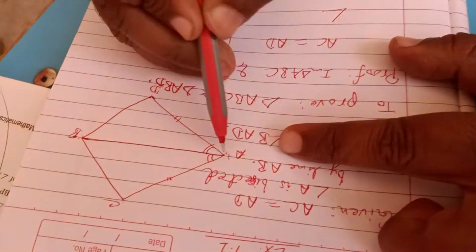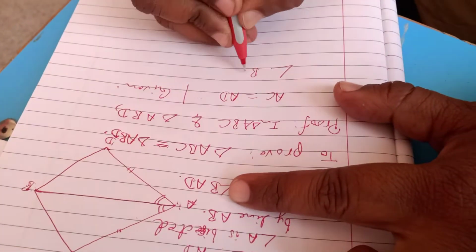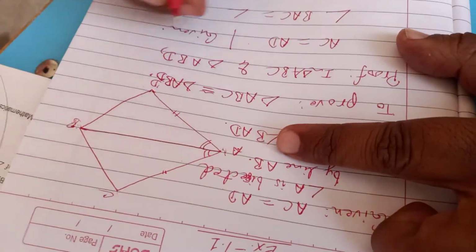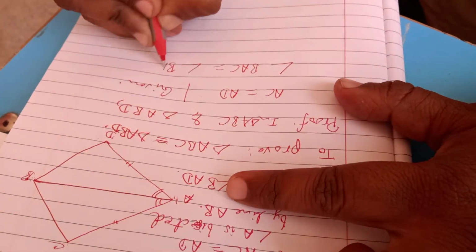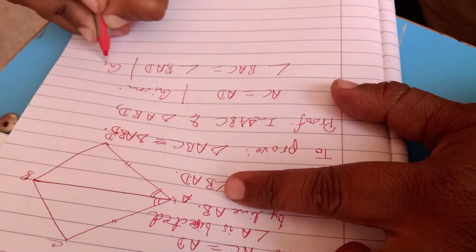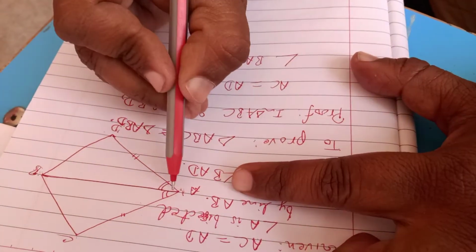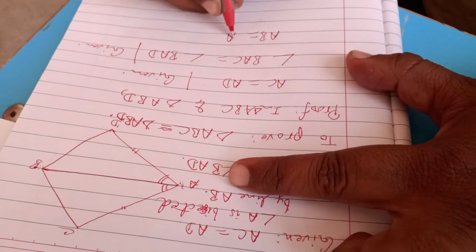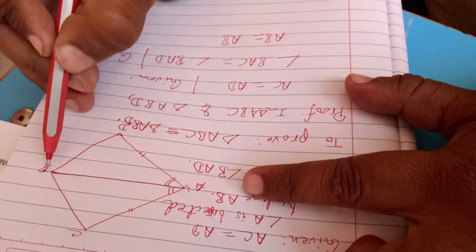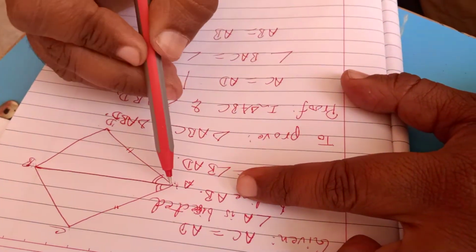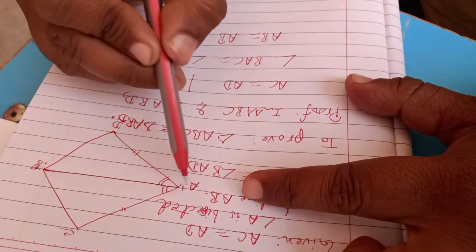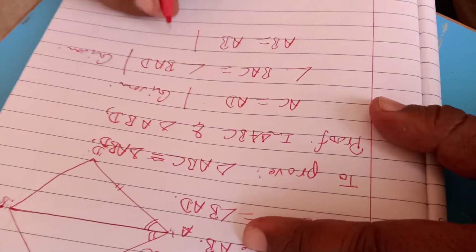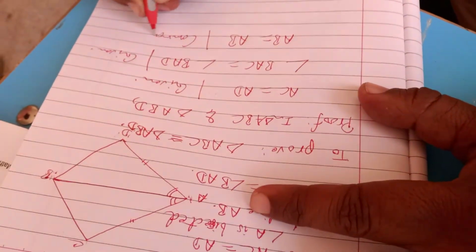Second point, angle BAC is equal to angle BAD. This is also given. Now this side AB is equal to AB because we have considered triangle ABC and triangle ABD. तो AB क्या हमारा? It is a common side.